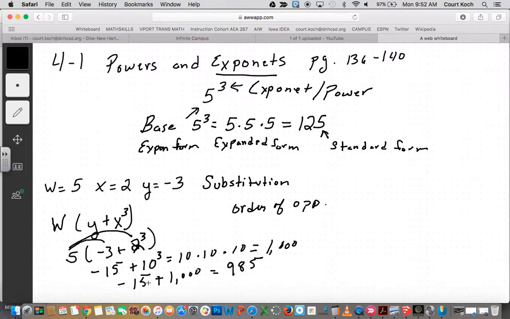So we don't just communicate with the final answer. We communicate throughout the whole problem. And the whole problem starts here, moves to the substitution, shows distribution, shows the use of exponents, and then shows adding negative numbers and a final answer.